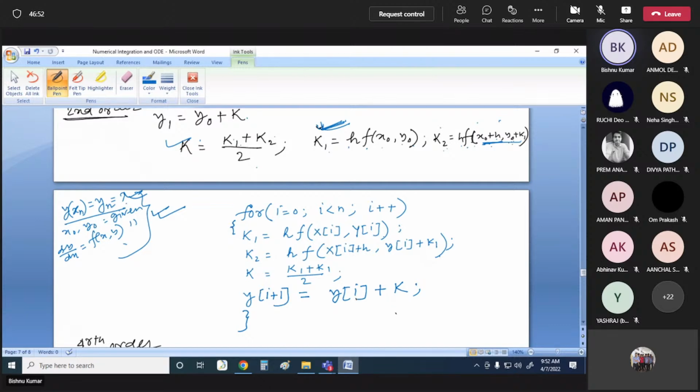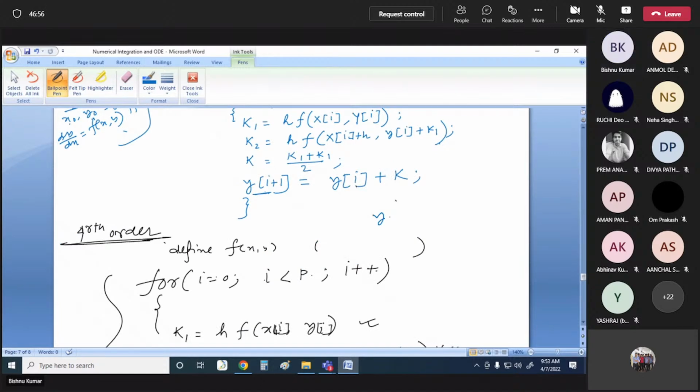And that, I am telling you, yi plus 1 will be yi plus k. And that k is the weighted average of 4k, meaning k1 plus 2k2. In k2, I am giving 2 weight. In k3 also 2 weight. And in k4, 1 weight. How many weights have I given here in total in 4k?